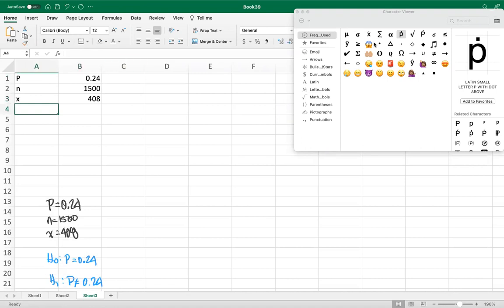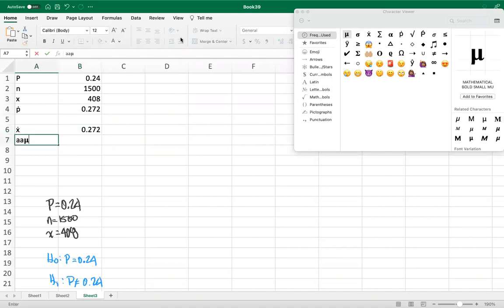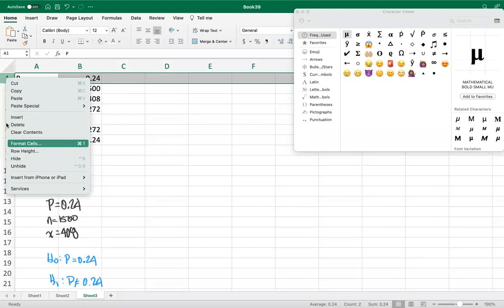That means that P hat, our point estimate, is equal to X divided by N. And now that we have that, we could state that our sample mean, X bar, in this case is going to be equal to P hat. Our mean is going to be equal to what they stated earlier. And if this is P, we would need 1 minus P.